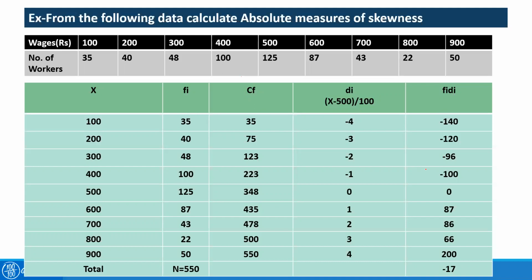There is another way to see the direction of the spread of the data, and that is skewness. So let's do this question by the absolute measures of skewness, one based on quartiles and one based on the central tendency.